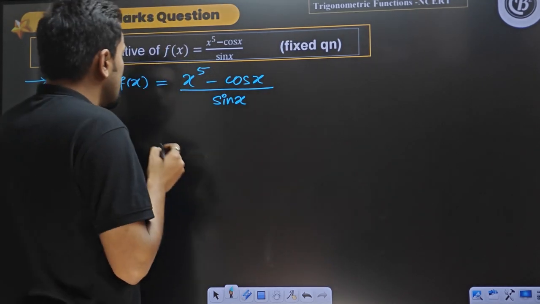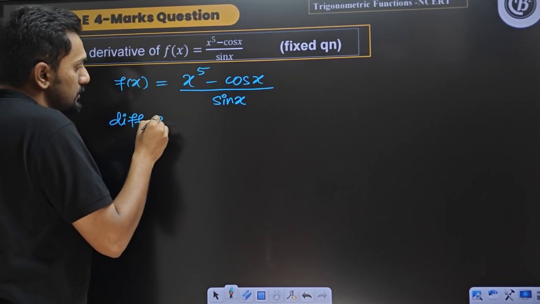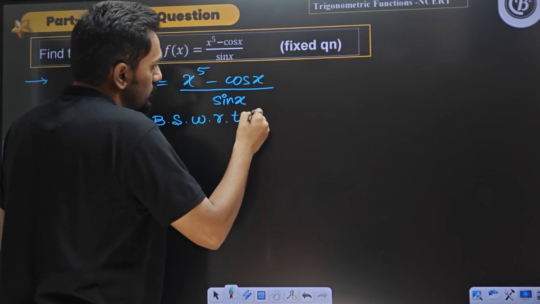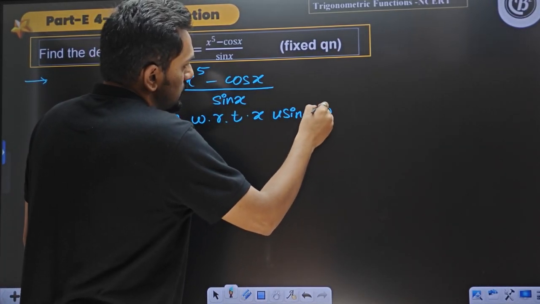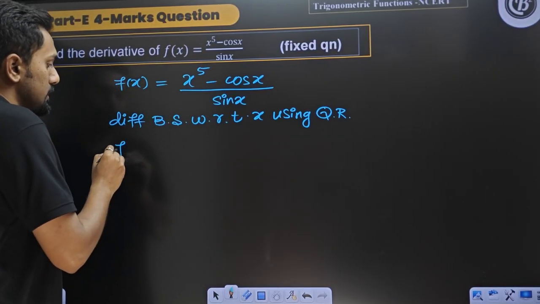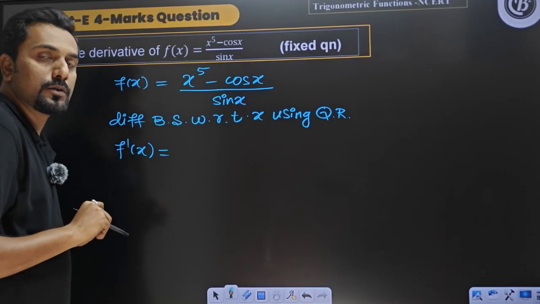So I need to differentiate this function, differentiating both sides with respect to x using the quotient rule.